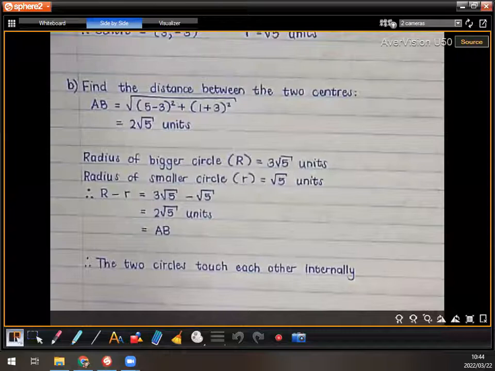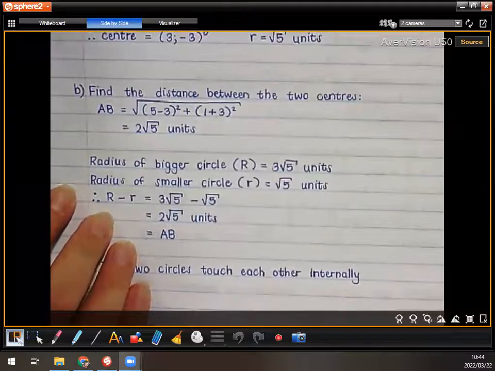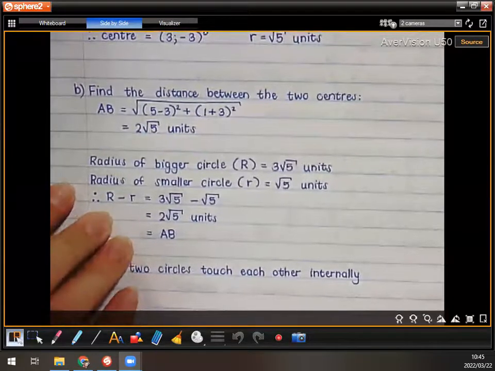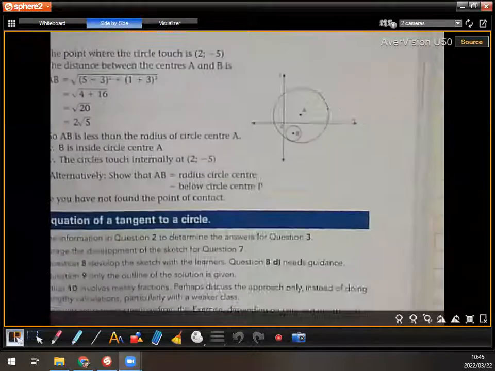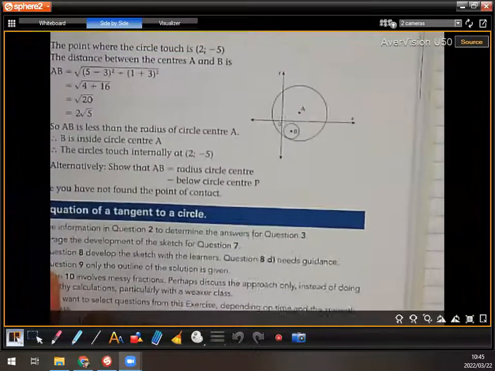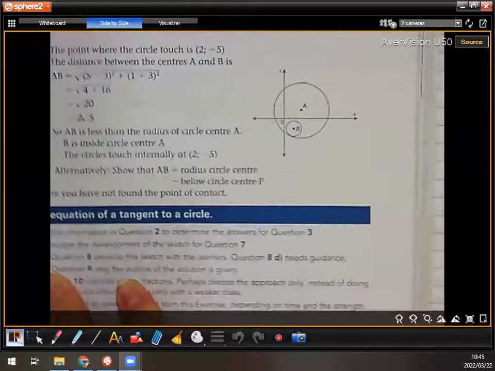Quickly going to see if I can just plot these two circles. Just finish copying that down and then I'll show you the picture.